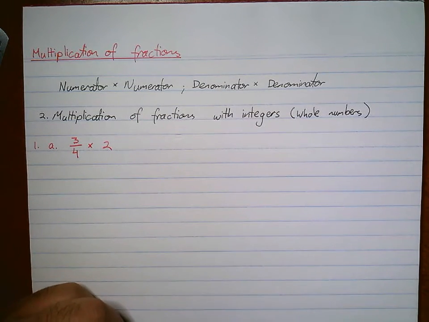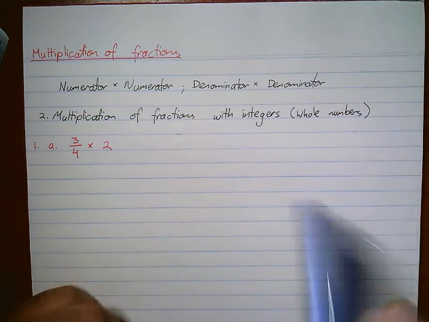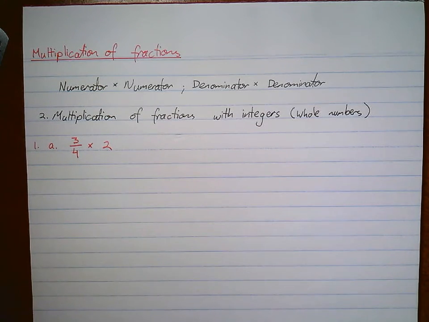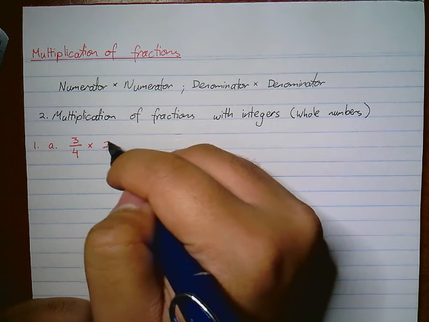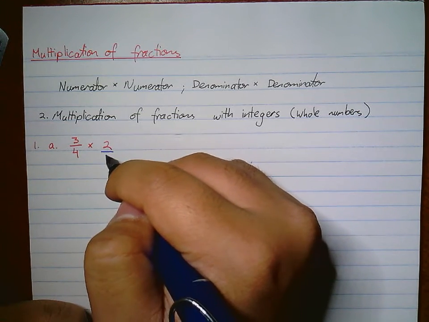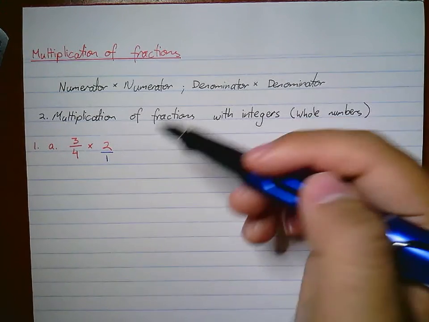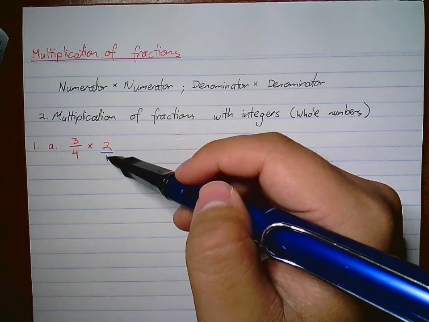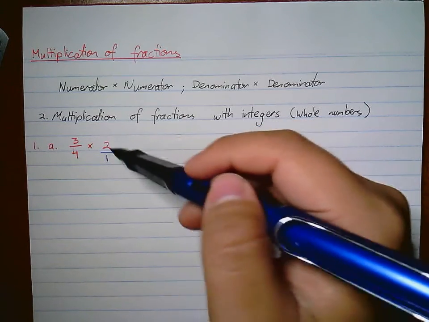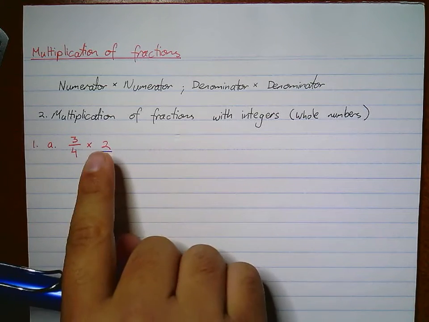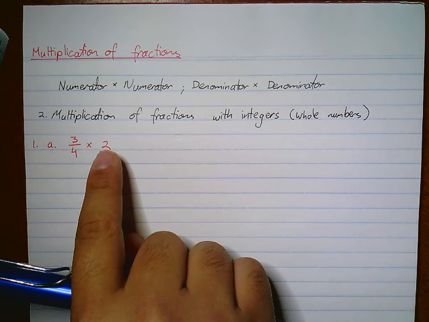Now, it may not seem like it, but whole numbers are actually fractions. They are actually fractions where the numerator is what it's shown, and the denominator is always going to be 1. The reason for this is that 2 divided by 1 is still 2, but we only express it as a whole number of 2.